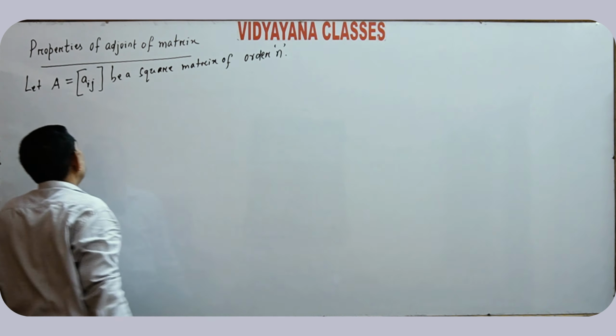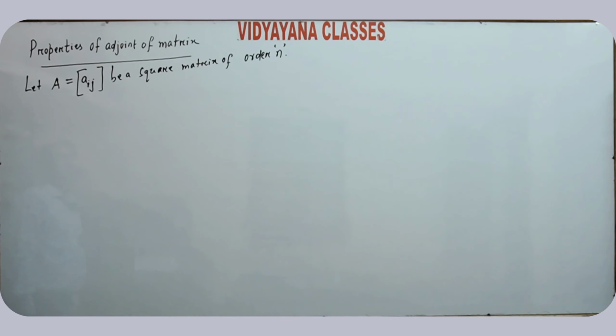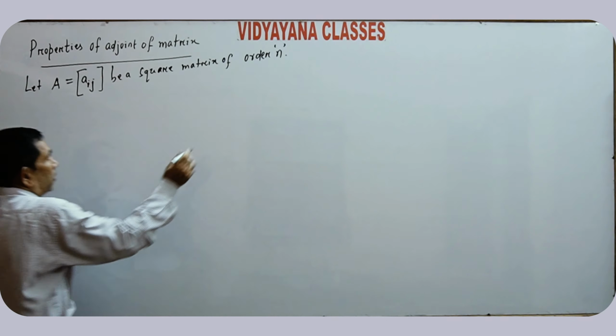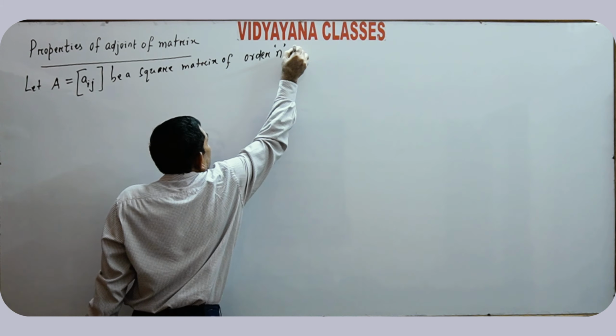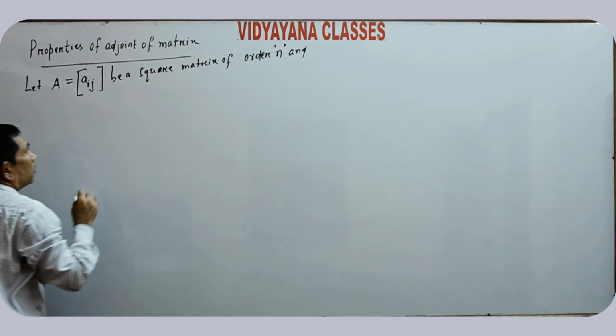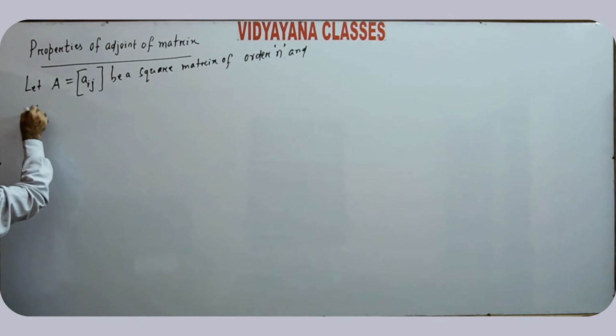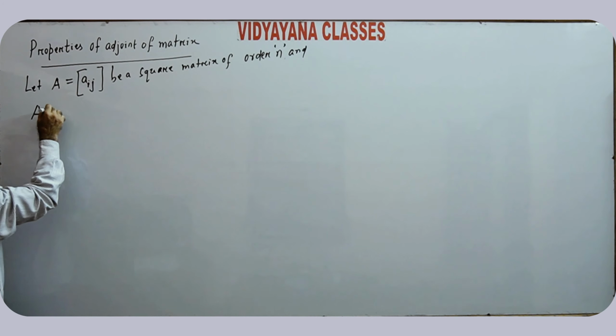It is a square matrix of order n. And A is non-singular.